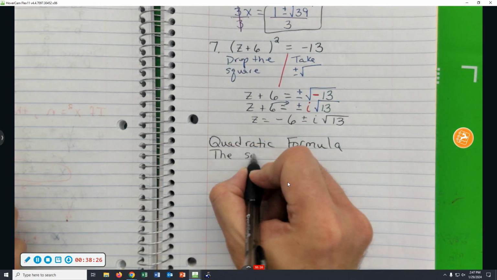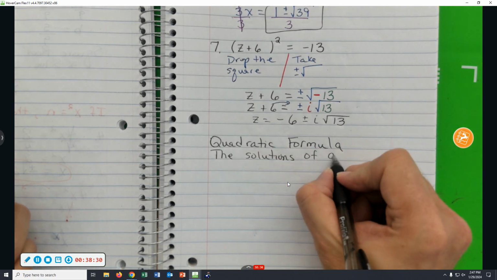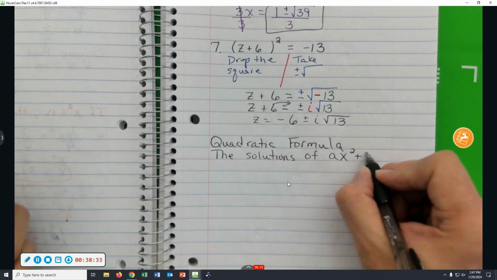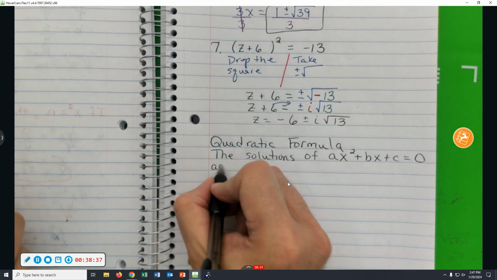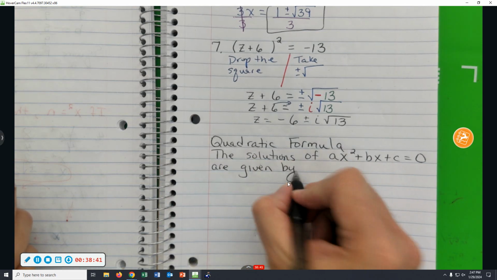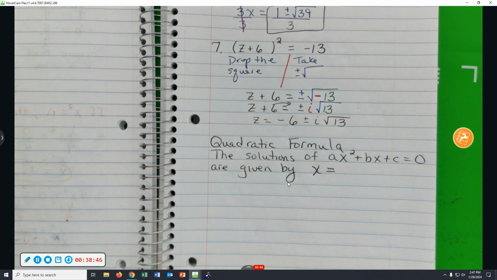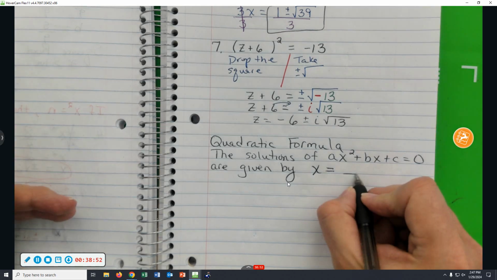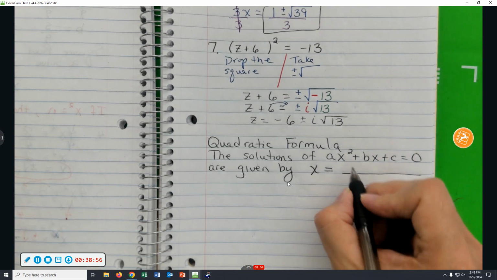The solutions of the equation ax squared plus bx plus c equals 0 are given by x equals, and what I'm about to write is what people think of as the quadratic formula. It's a big fraction bar. If someone said state the quadratic formula, here's what they're expecting you to say.